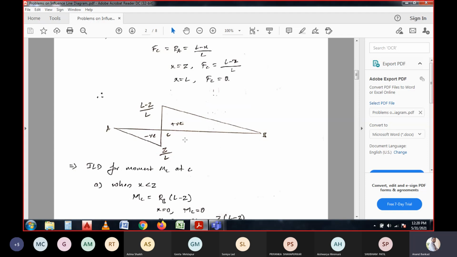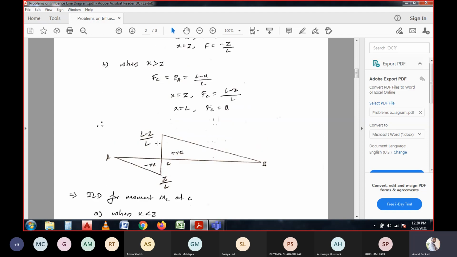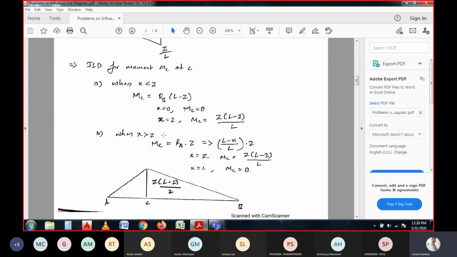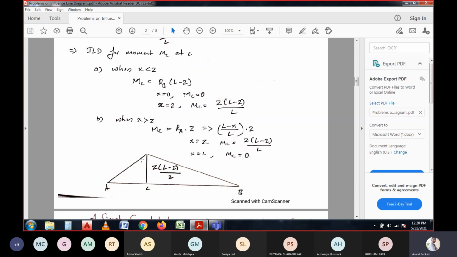Apart from that, we have another one, which is moment: the influence line diagram for the moment at a given point or a given section in the beam. At the point where we are going to calculate the bending moment, we need to consider the apex point of the triangle, with a similar triangle.